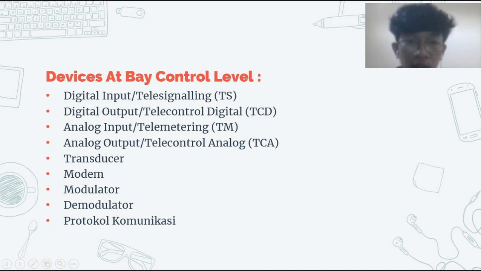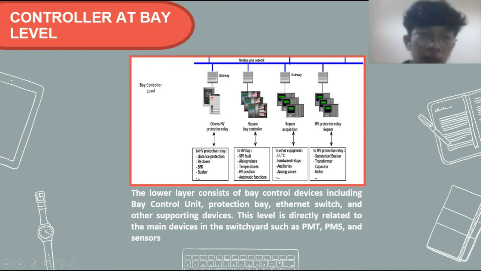Later, the data received by the sensor in the field will be translated or converted by the controller before being sent through the RTU. Next, device at bay control level. For example, equipment that is at the bay level before data is sent to the station level, and data from the control station is forwarded to field equipment.